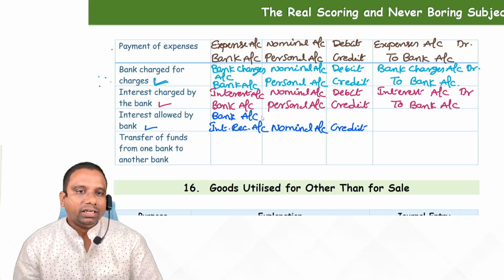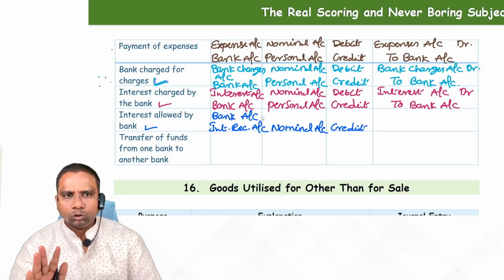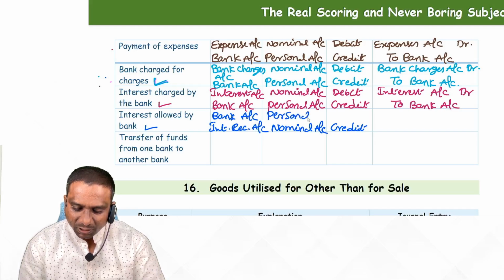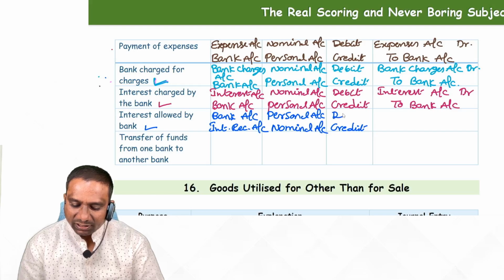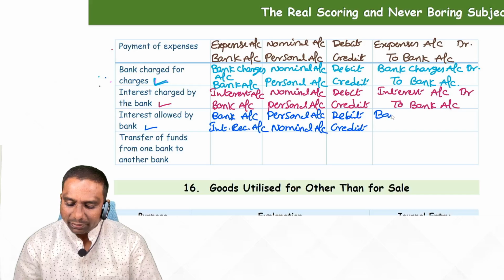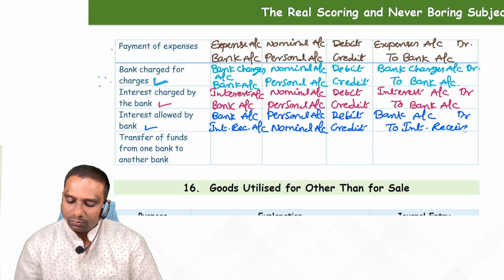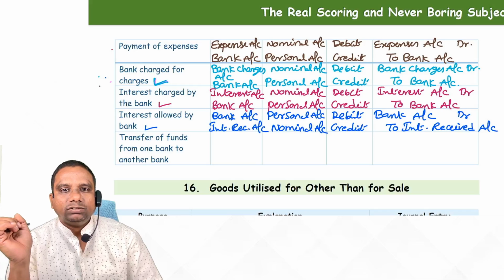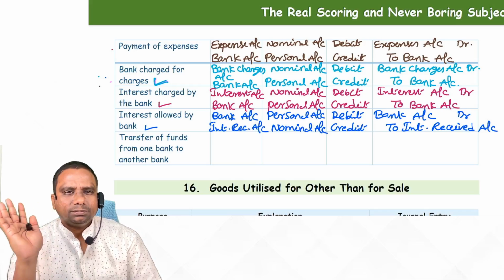Now, bank is a personal account. Personal account rule: debit the receiver, credit the giver. Entry: bank account debit to interest received account. Yes or no, students?